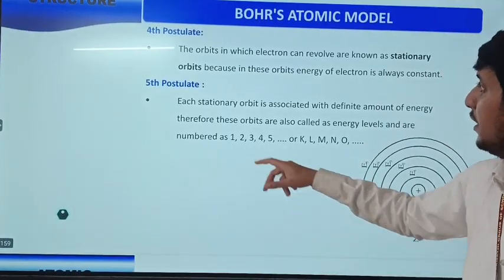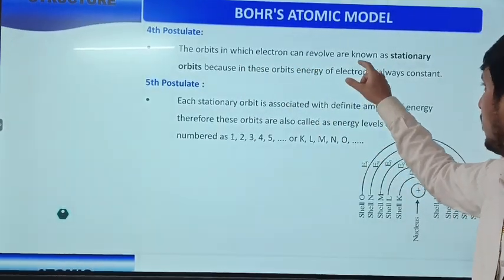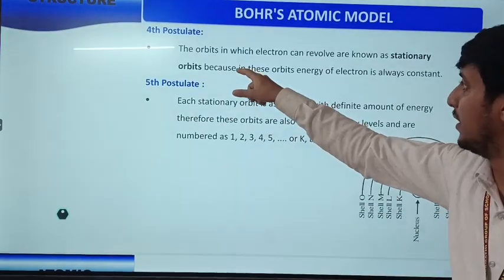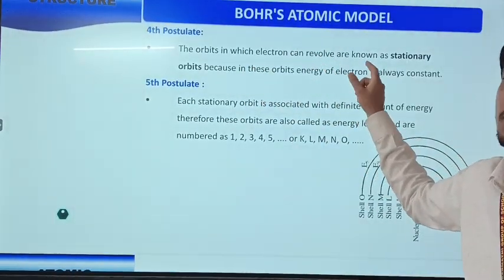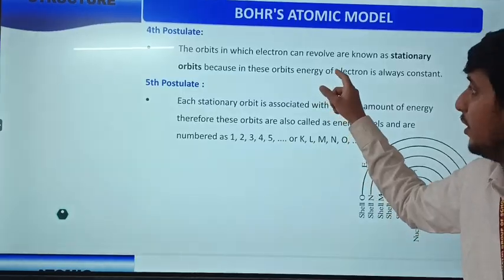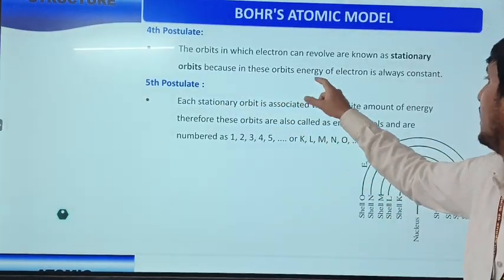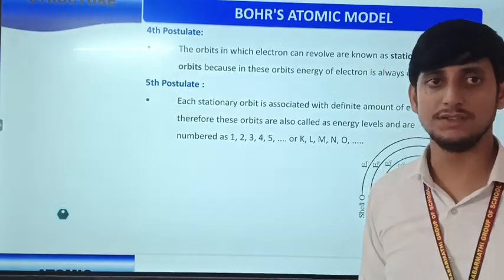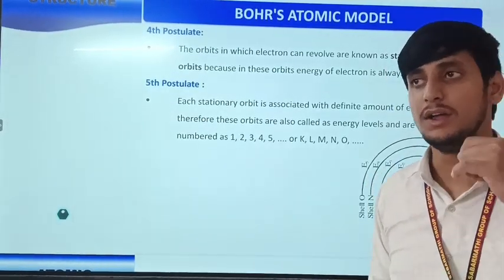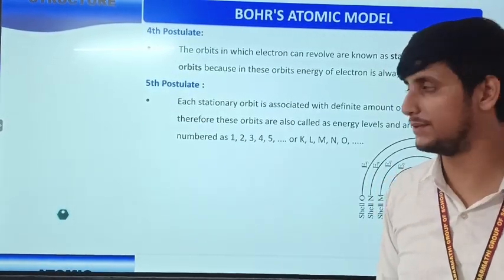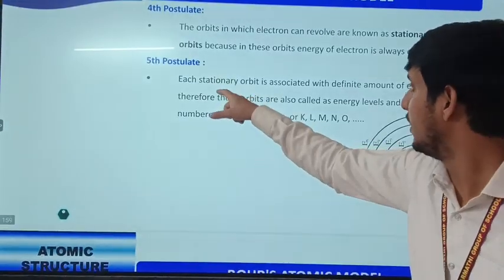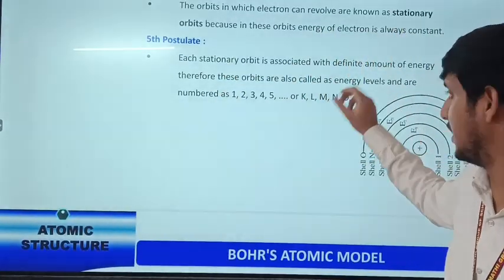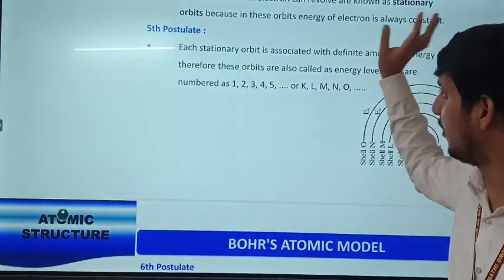Fourth postulate: the orbits in which electrons can revolve are known as stationary orbits, because in this orbit the energy of electrons is always constant, fixed in each orbit. Fifth postulate: each stationary orbit is associated with a definite amount of energy.